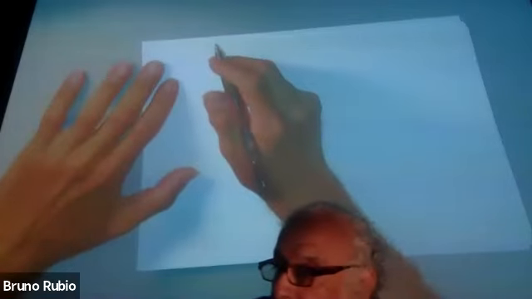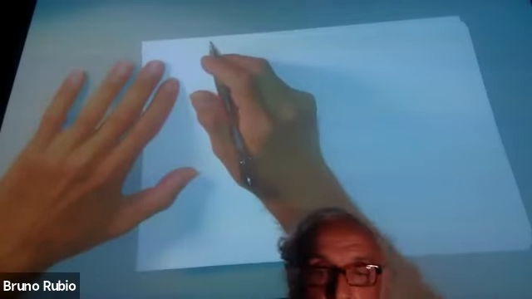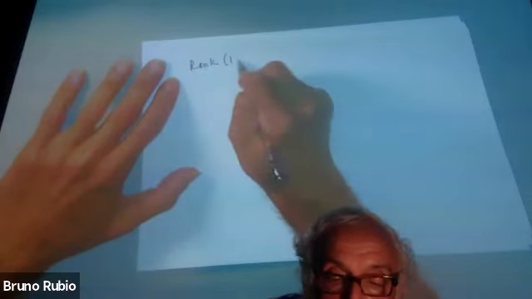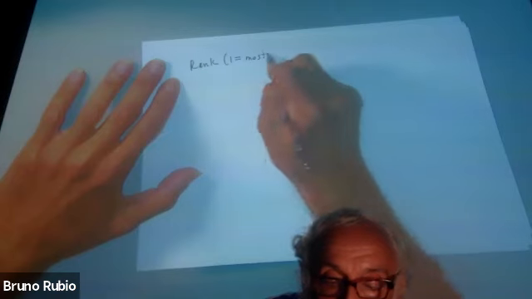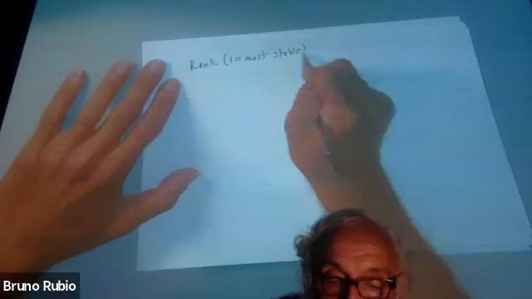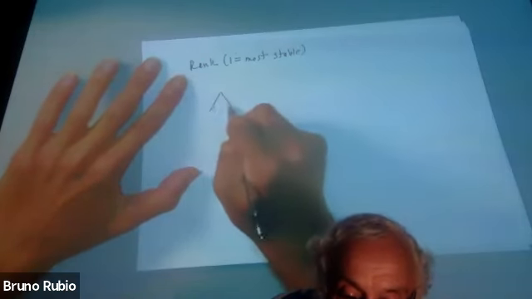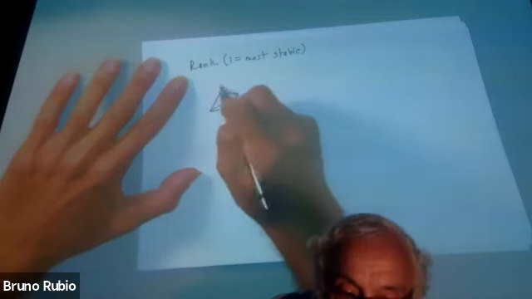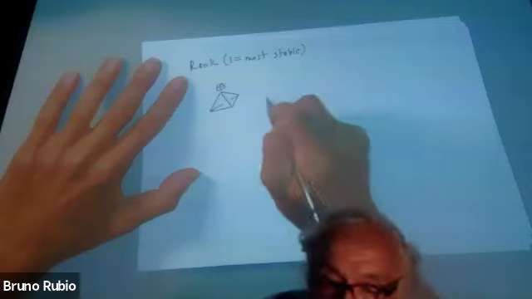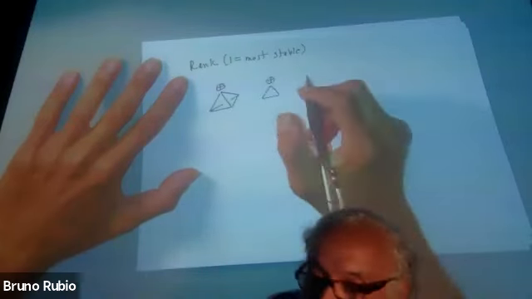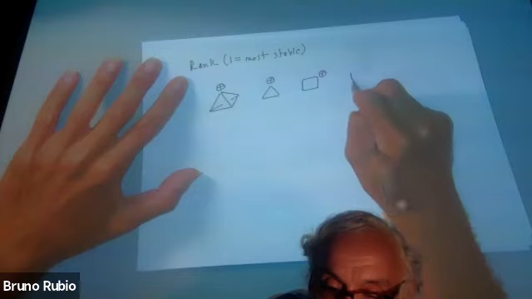I'm going to write out some carbocations here. I want you to rank them. One is the most stable carbocation. Okay, so that's a little pyramid with a positive charge here. Then we have that one. And then this one.